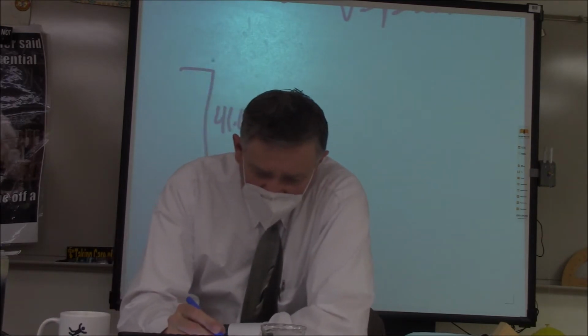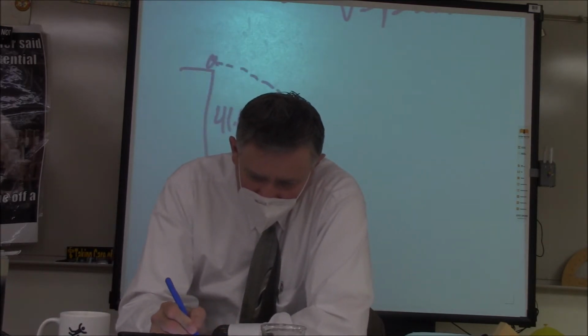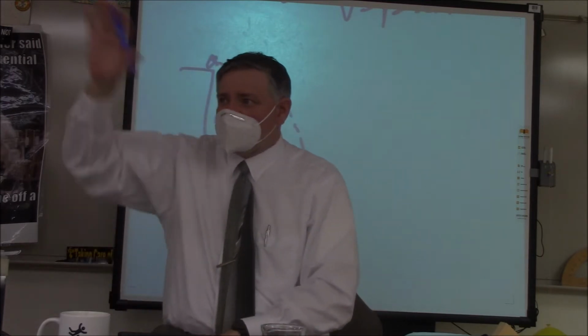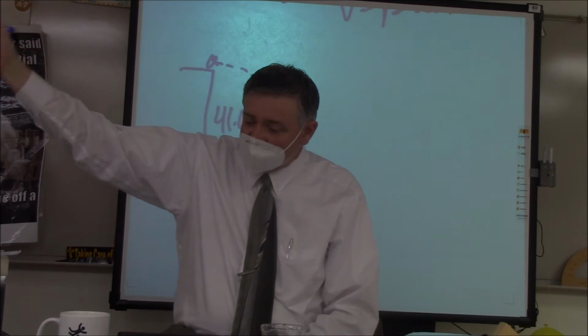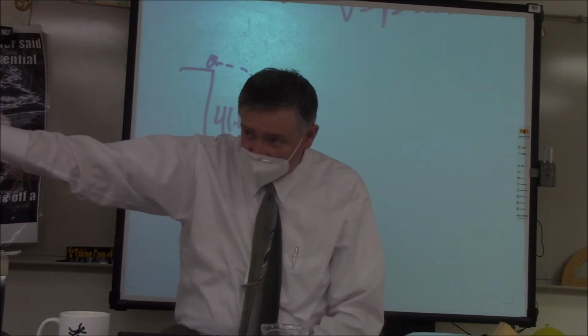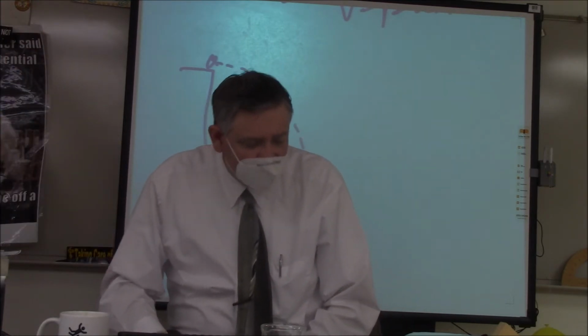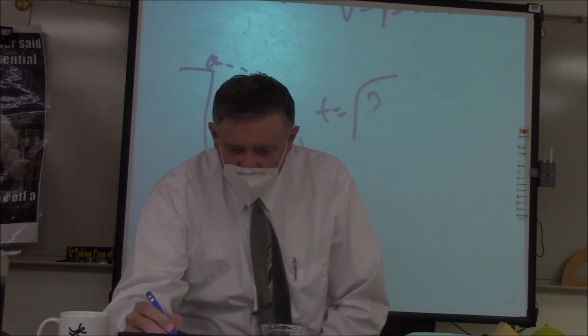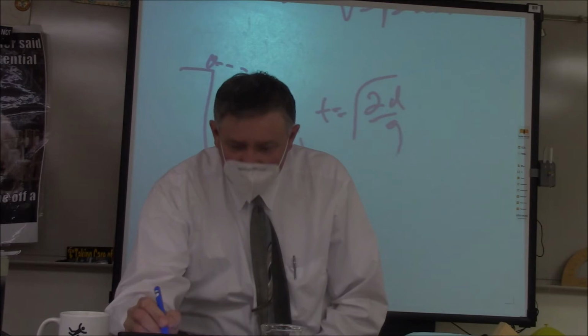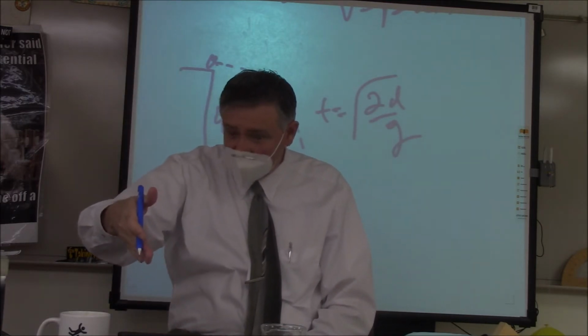So the cliff diver is going to run along and hopefully land at some point out there. They can't just fall straight down. They have to have a horizontal component to their velocity. You know how far they fall, so you can use that 2d over g. That's how long they have to be in the air.